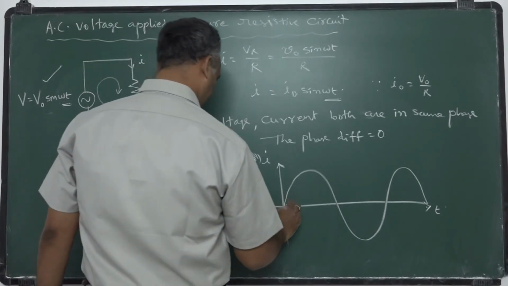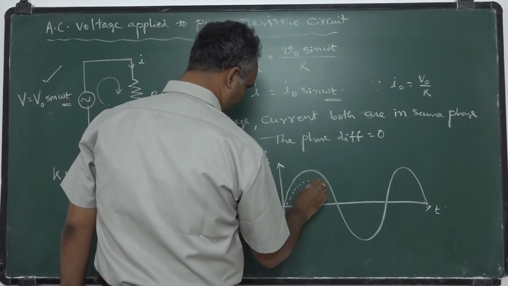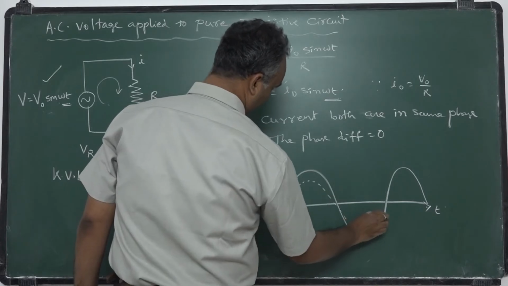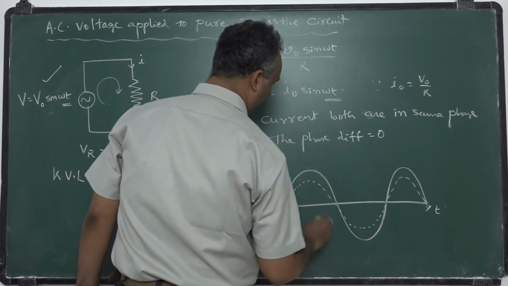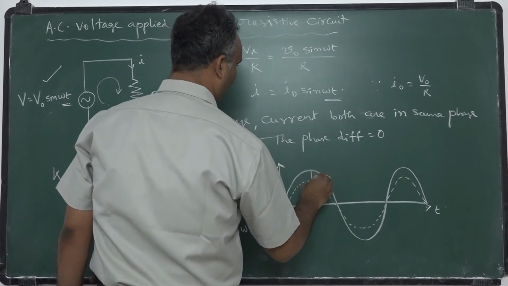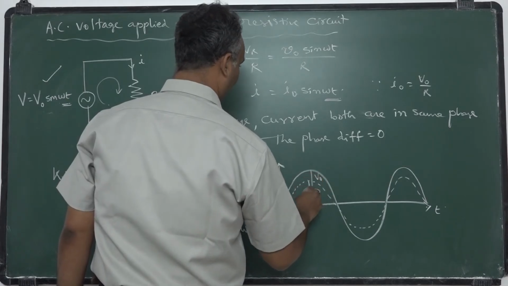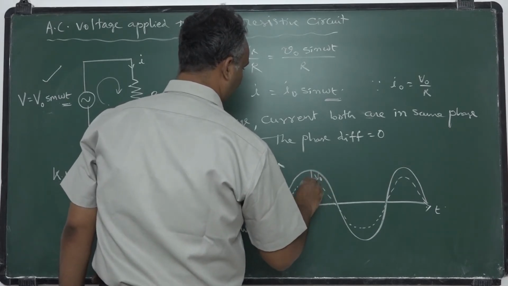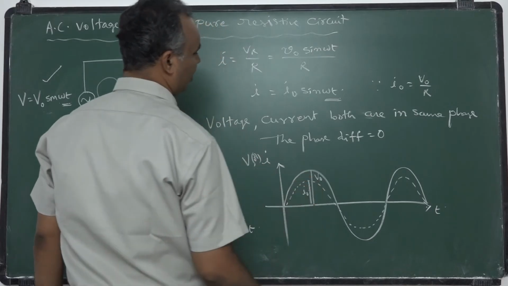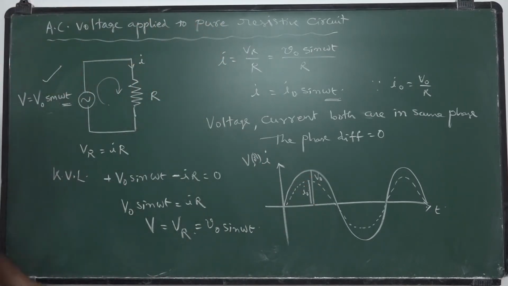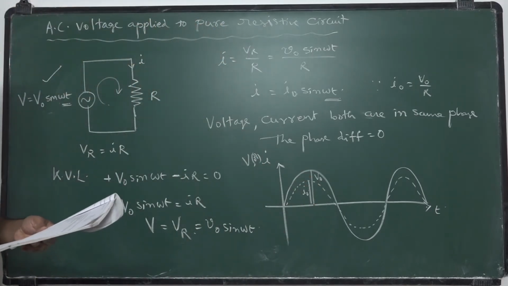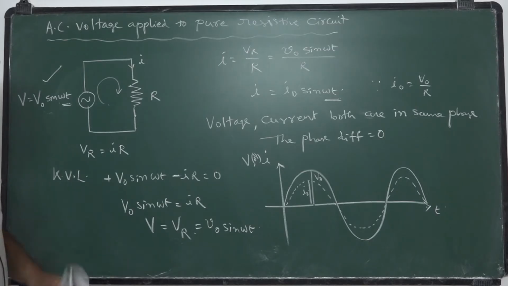So you will find the current also follows the same path with lesser amplitude. This is V naught, this is I naught. This is peak voltage and this is peak current. Both are in the same phase.